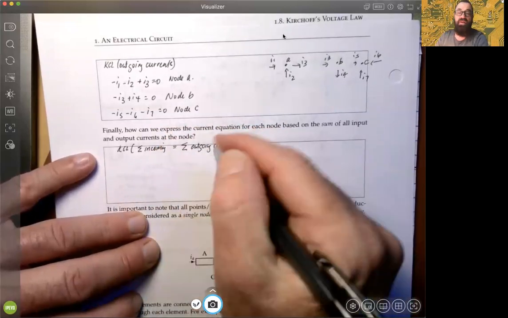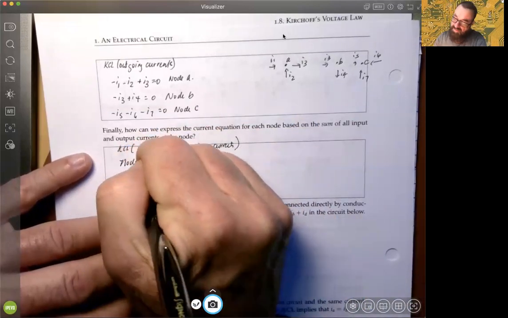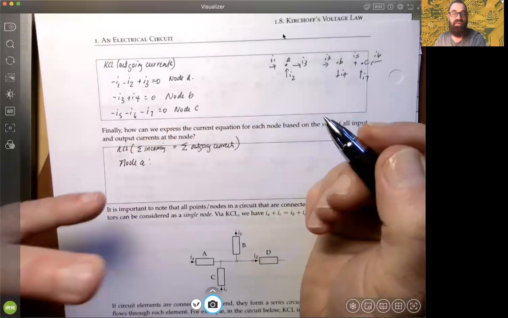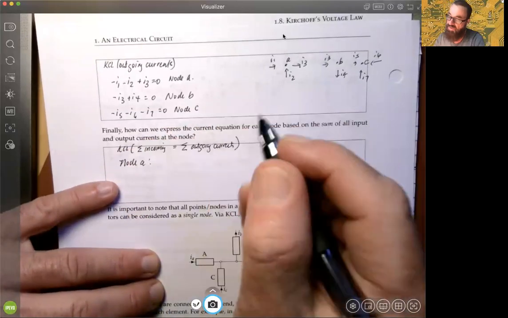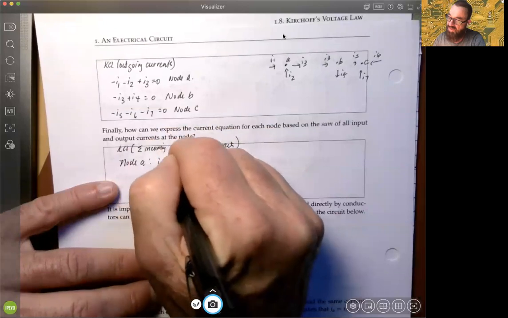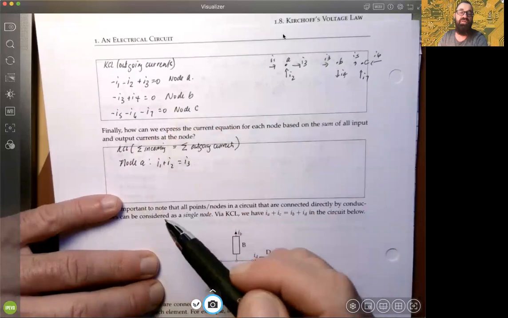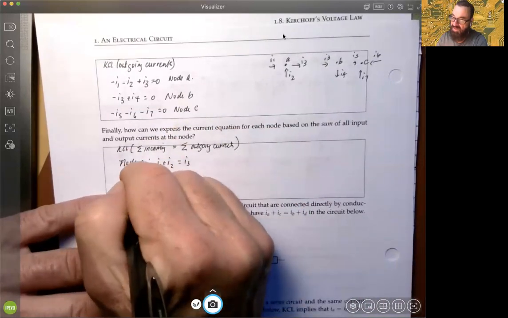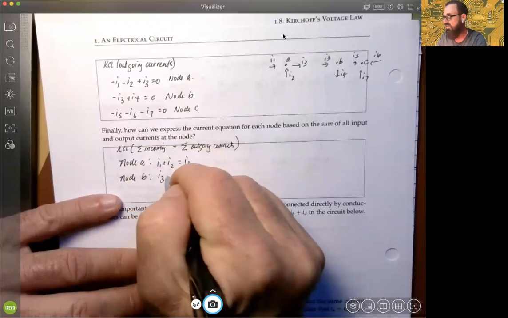Okay. And so clearly from an A's perspective for node A, again, these are all the same equation, just thinking about it differently. Clearly in this case, the two incomings are I1 and I2, and the outgoing is I3. Again, exactly the same equation, just a different perspective. And then node B, that's just I3 equals I4, isn't it?